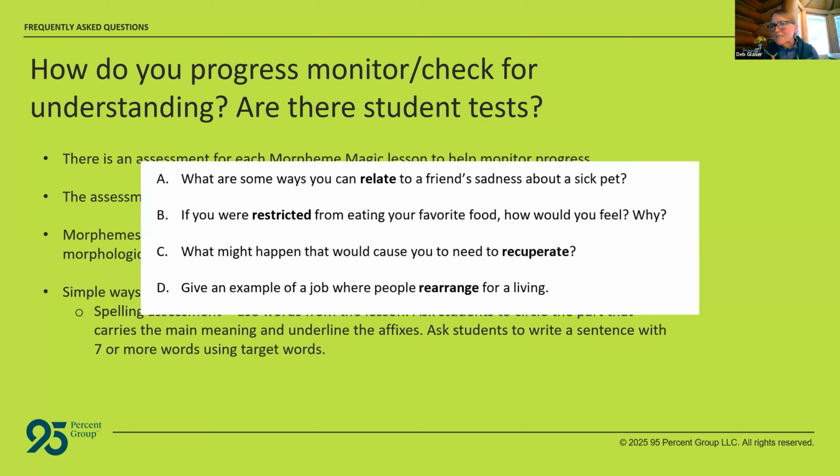They've learned the prefixes and they've learned the stem meanings of each of these words. And these are the kinds of questions that we teachers need to train ourselves to ask.